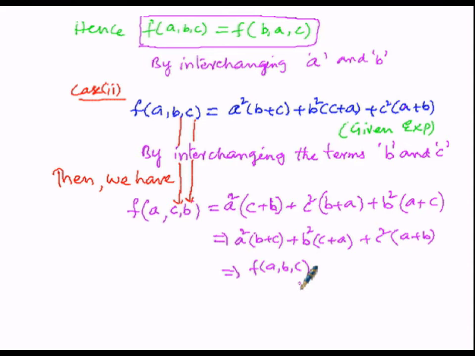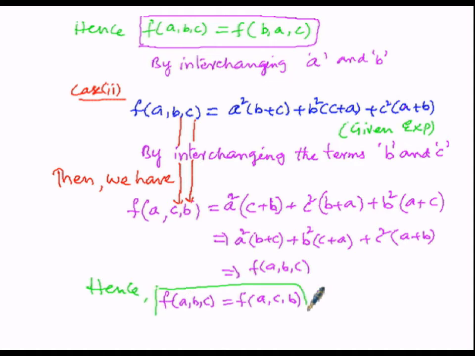Hence f of a comma b comma c is equal to f of a comma c comma b. We got this step from this test. From this it is clear that they are equal by interchanging.